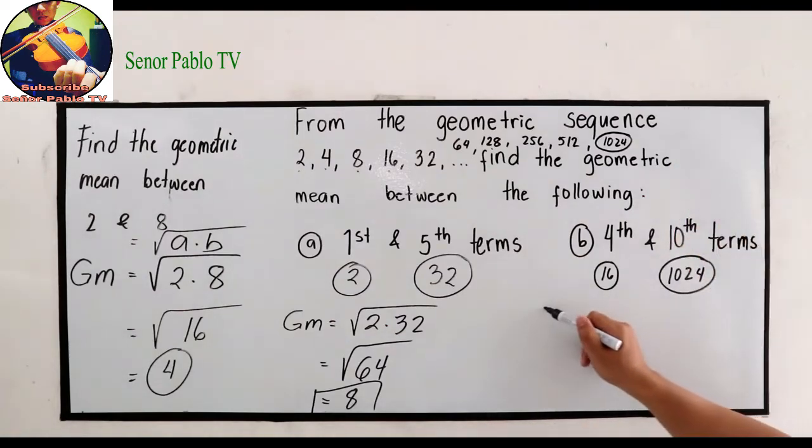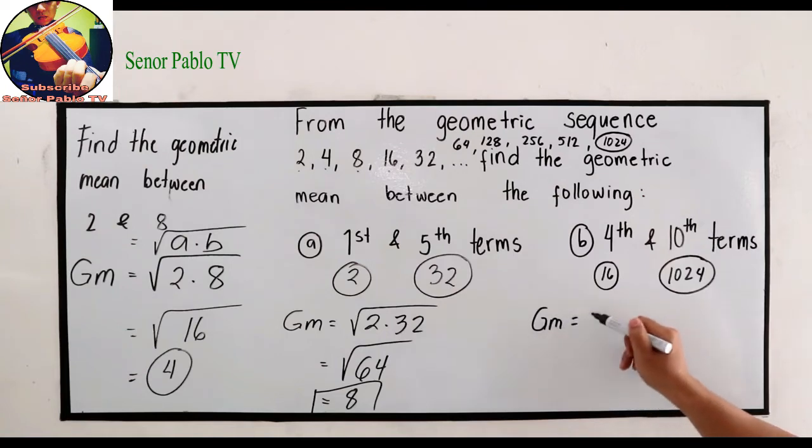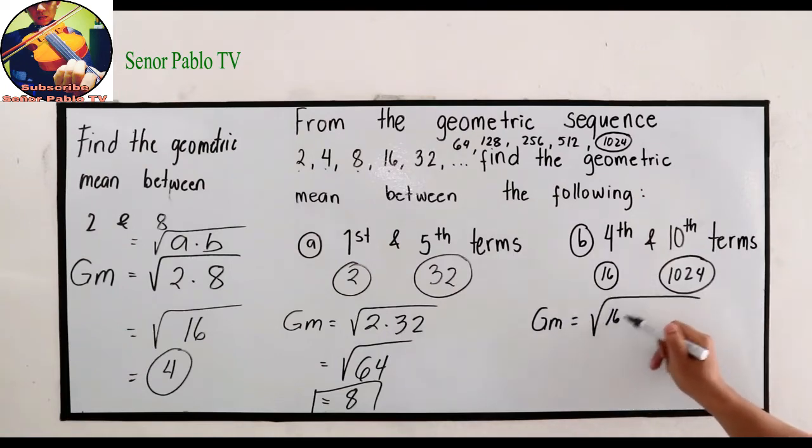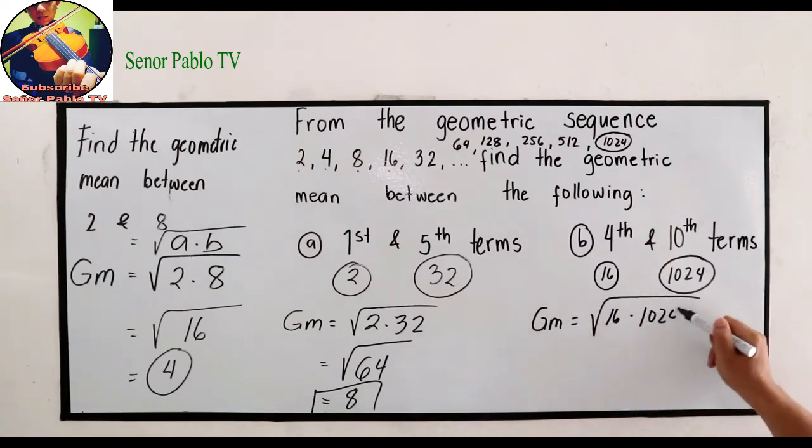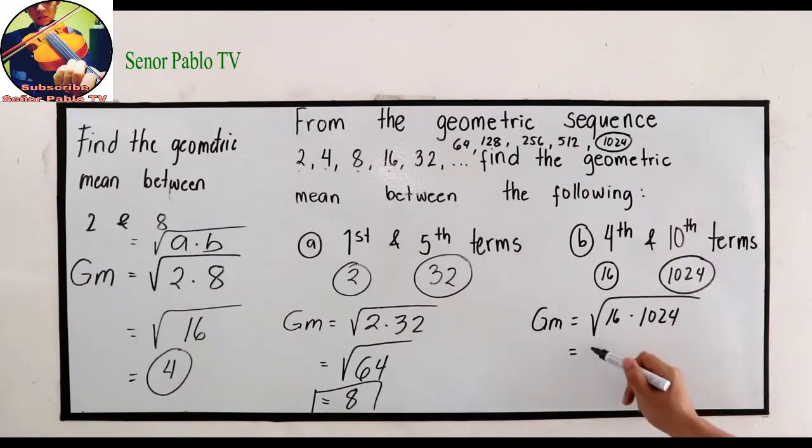Now, get the geometric mean. Square root of 16 times 1,024. Multiply natin. 16 times 1,024. So, ano yung product natin? Or, pansinin natin na si 16 ay perfect square number.